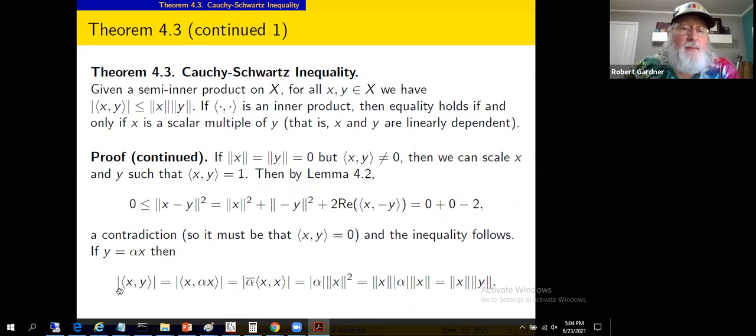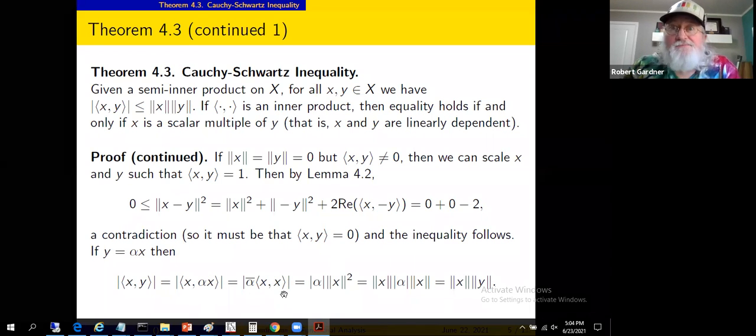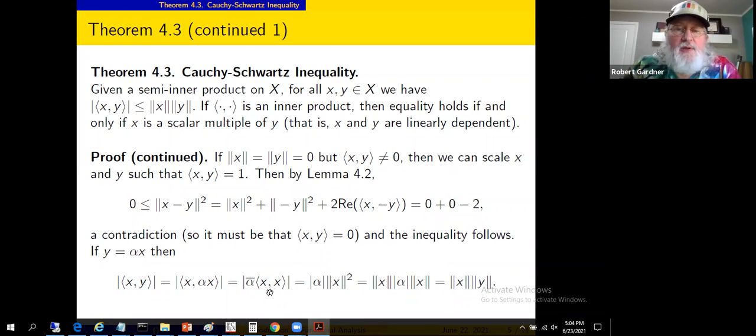We get the modulus of the inner product of x and y to be the modulus of the inner product of x with alpha x, because that's what y equals. We can bring alpha outside of that inner product. It came out of the second position, so it comes out with a conjugate on top of it. The modulus of the product is the product of the moduli.